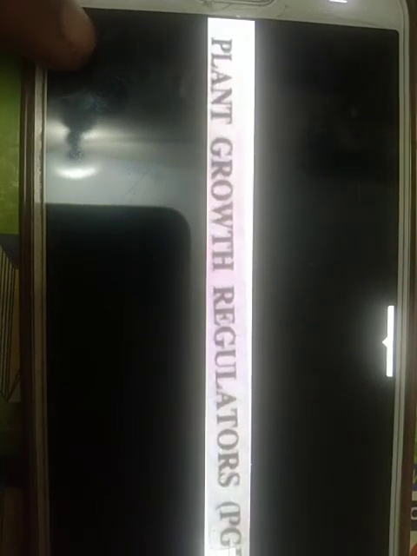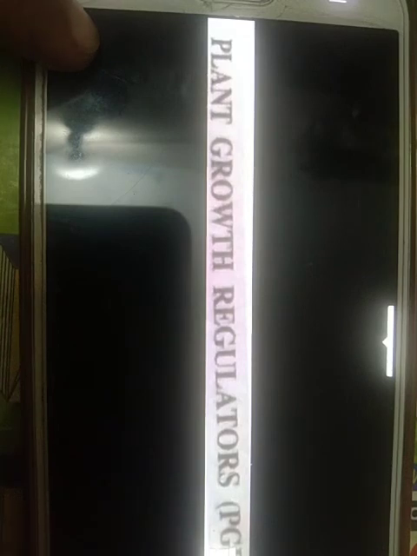Plant growth regulators are involved in a variety of growth, differentiation and development responses. The response to the plant growth regulator may differ from one plant organ to another. Auxin promotes growth of apical bud but inhibits the growth of axillary buds. The concentration of auxin which promotes stem growth is inhibitory to the root growth.